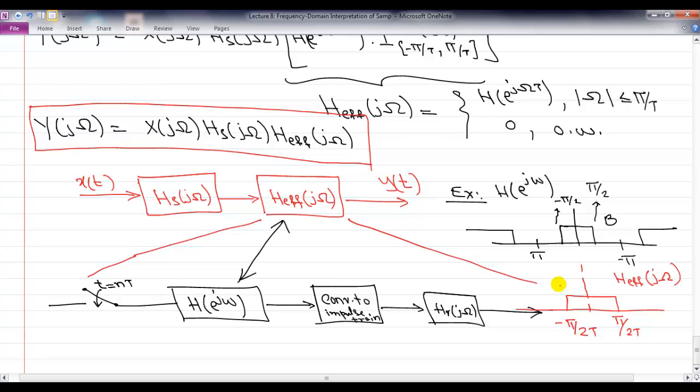Let's say you want to do a low pass filter at 2 kilohertz. The cutoff frequency of your discrete time filter will be 2 kilohertz multiplied by T, your time period. Or if your discrete time system was doing a cutoff at π/2, in continuous time that is equivalent to as if you were doing filtering with a cutoff of π/2T. So a simple scaling of the frequencies, no scaling of the amplitude.